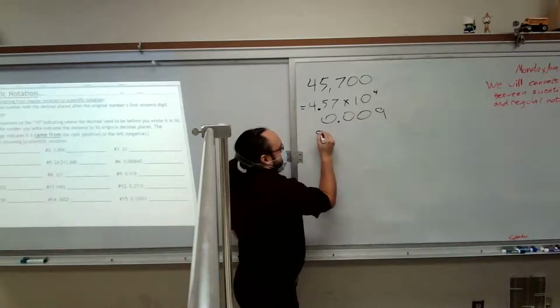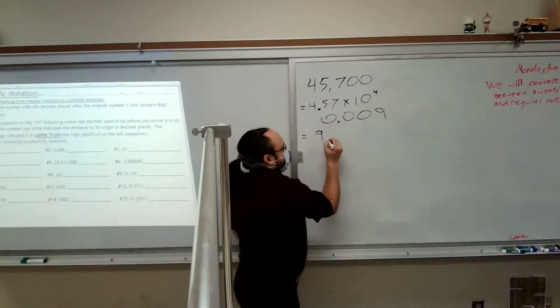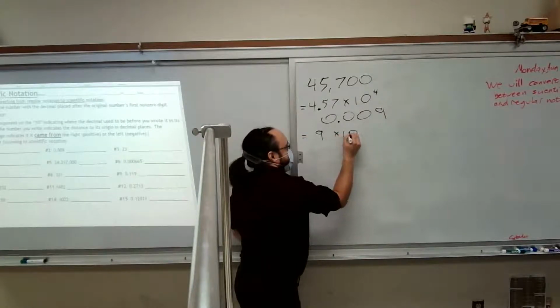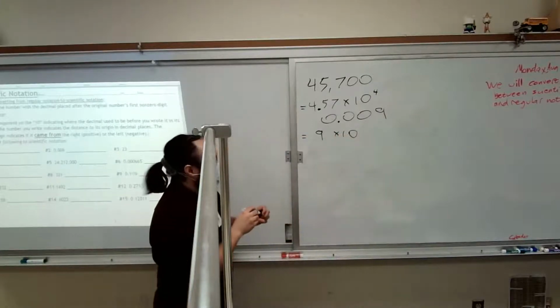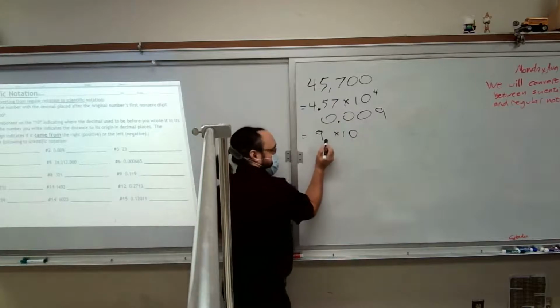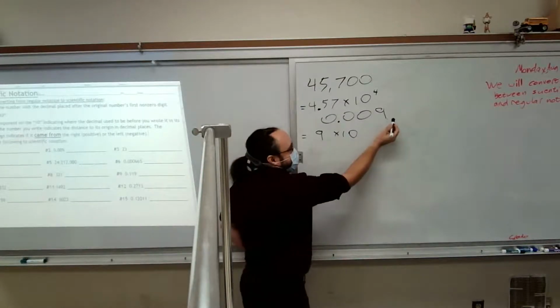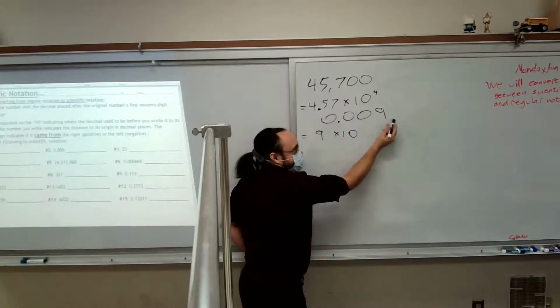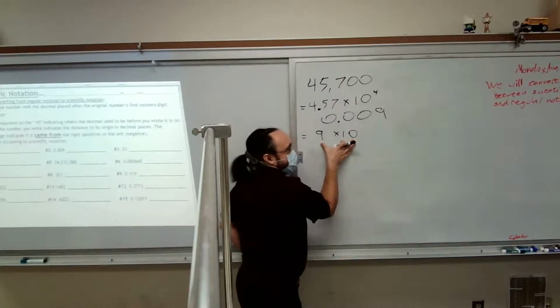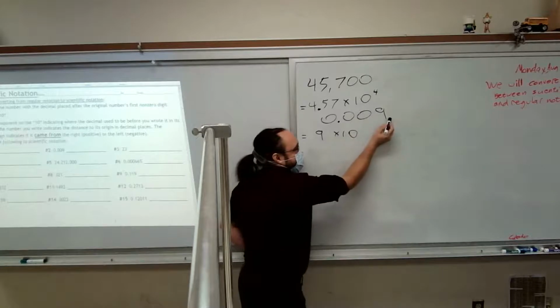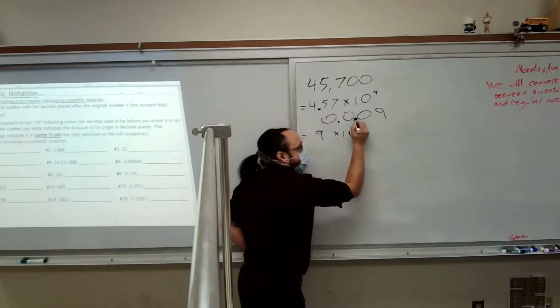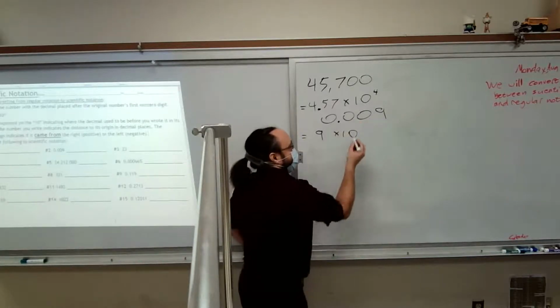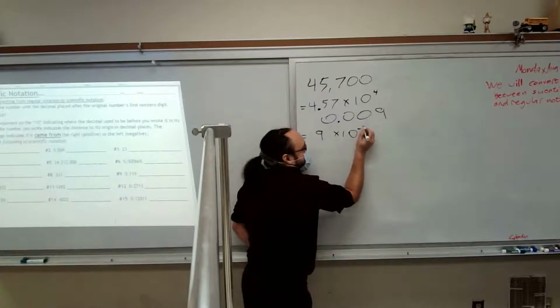Since it doesn't have a 0 after, we'll just say 9. Second step, write times 10. Now we have to tell them where the decimal came from. Our decimal is now right there after the 9. It came from 1, 2, 3 to the left. Since it came from the left, it's a negative 3.